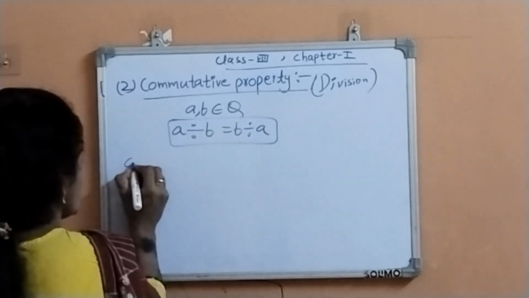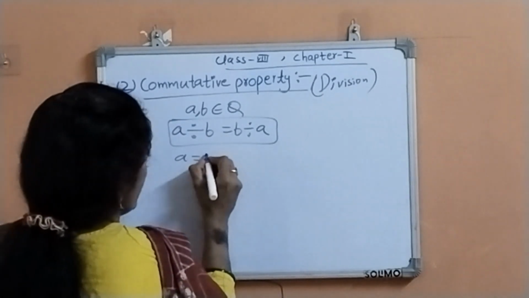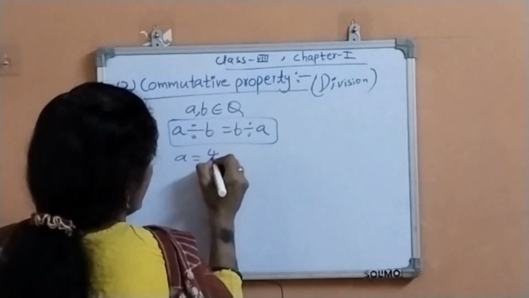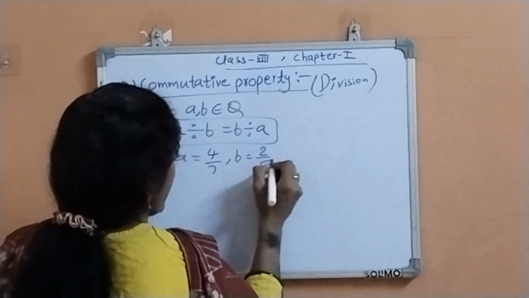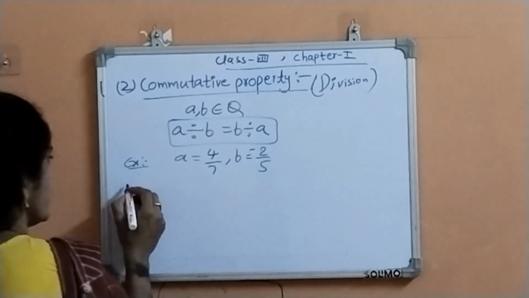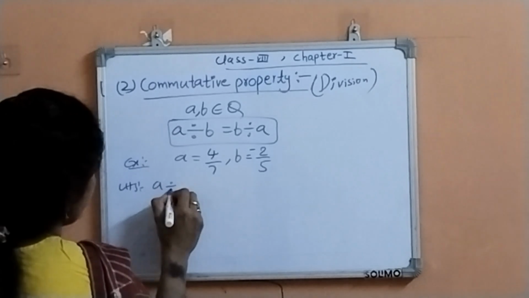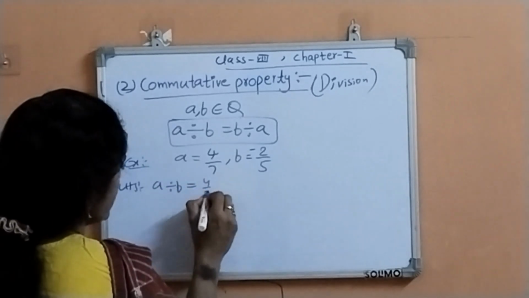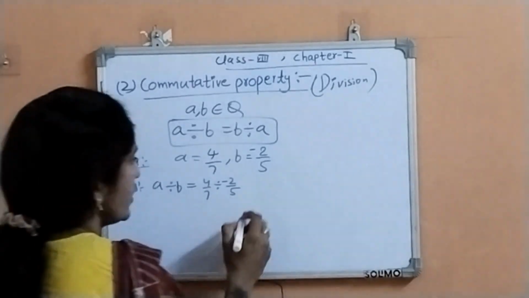Okay, so as usual I am going to take two examples. A equal to, tell me any example, 4 by 7, B equal to minus 2 by 5. You can take any fraction. So I am going to check LHS at first. LHS A division B. So A means 4 by 7 division minus 2 by 5. Okay.